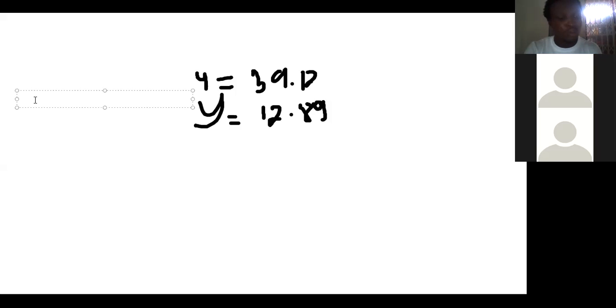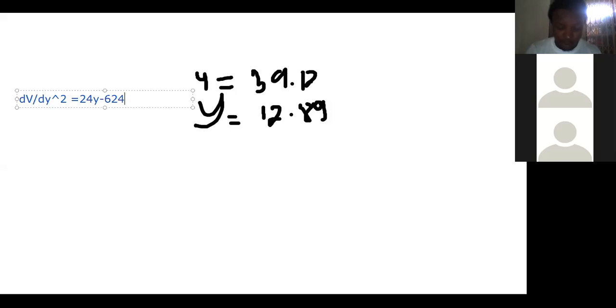Before we can find whether they are maximum or minimum, we differentiate again and get a second derivative. So d squared V over dy squared should be equal to 24y minus 624.